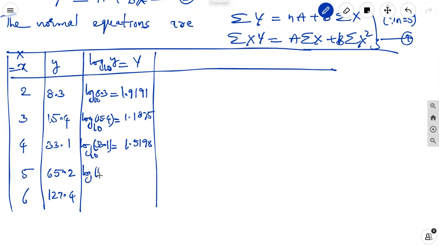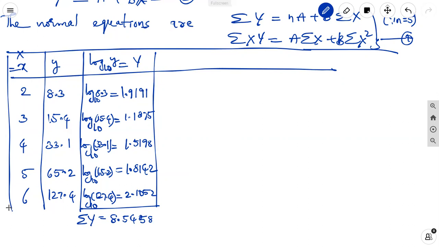Log of 65.2 base 10 value is 1.8142. Log of 127.4 base 10 equal to 2.1050.